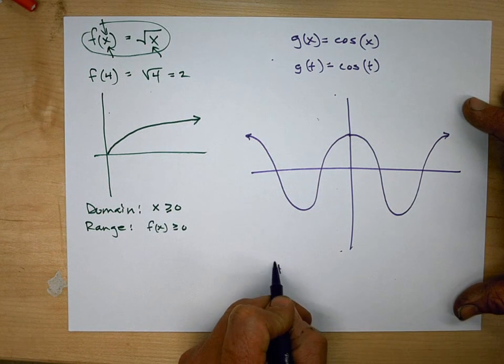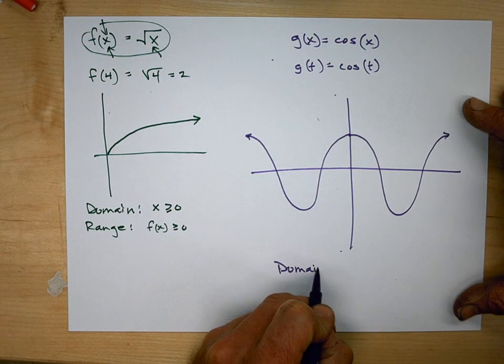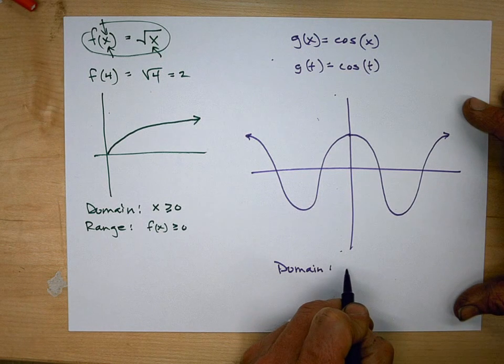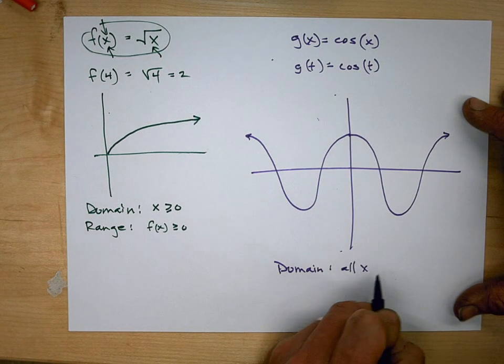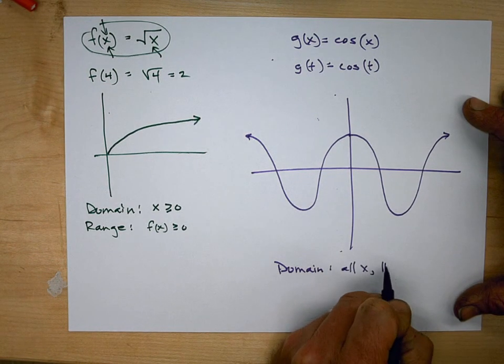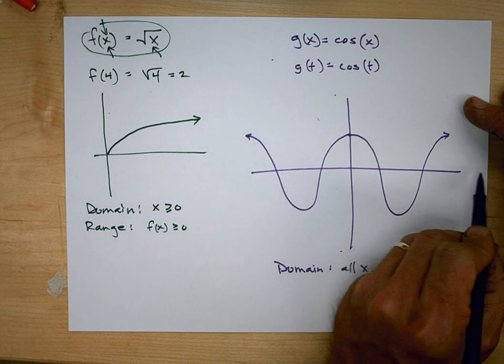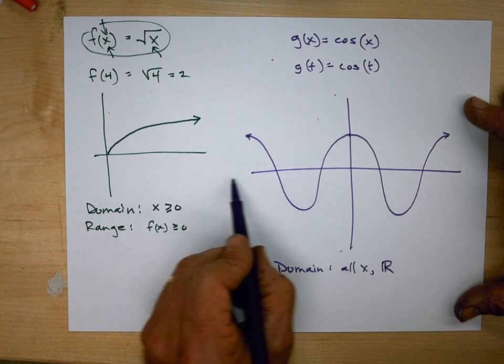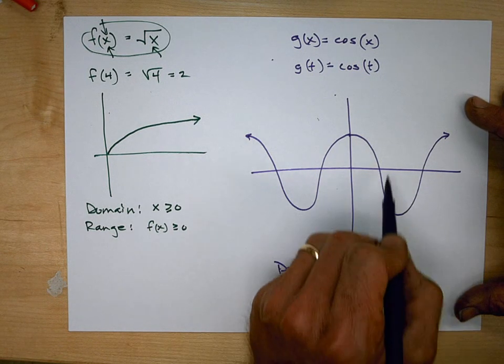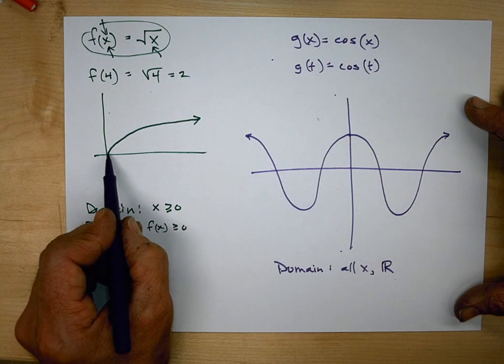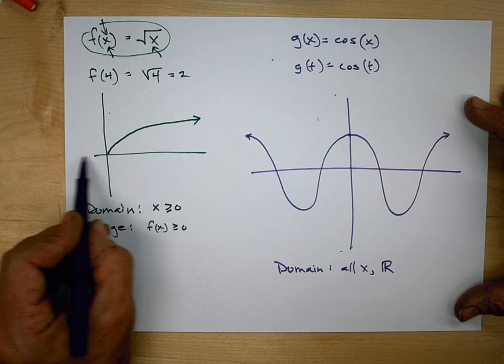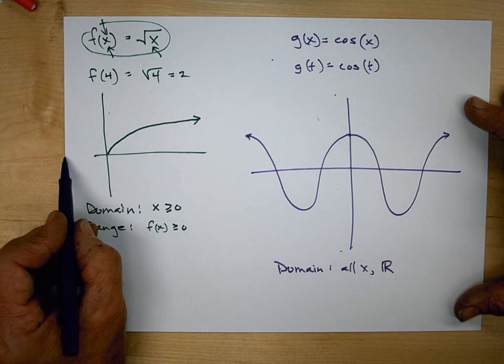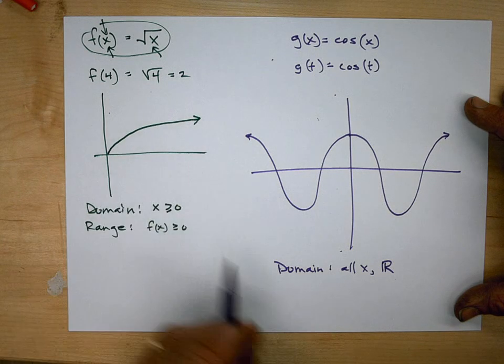So I kind of gave away the domain. It's going to be all x, which sometimes we denote R for all real numbers. We can go along the x-axis, and anywhere along the x-axis we will find a y value associated with it. Notice here this stops. So on the other side there are no x values associated with this graph.